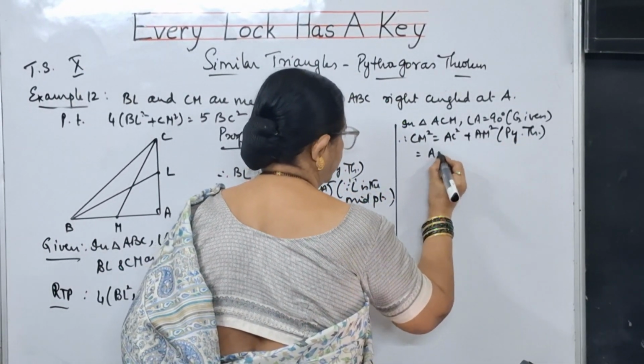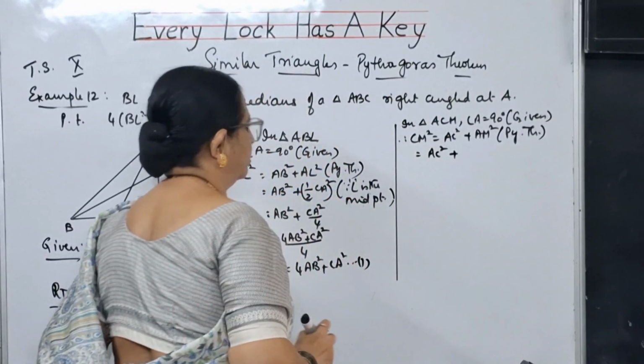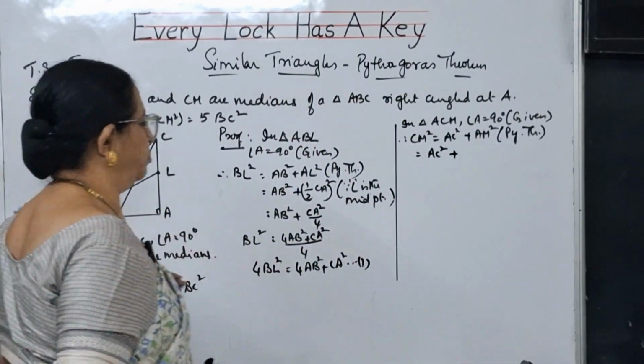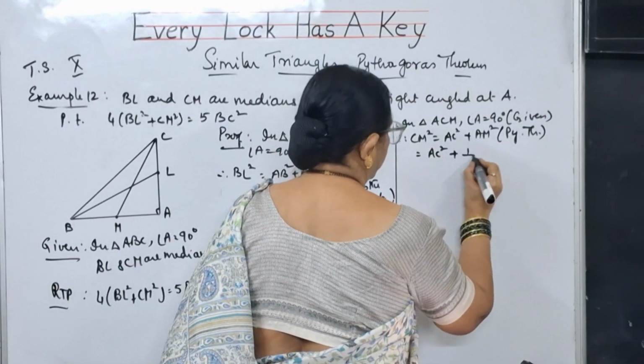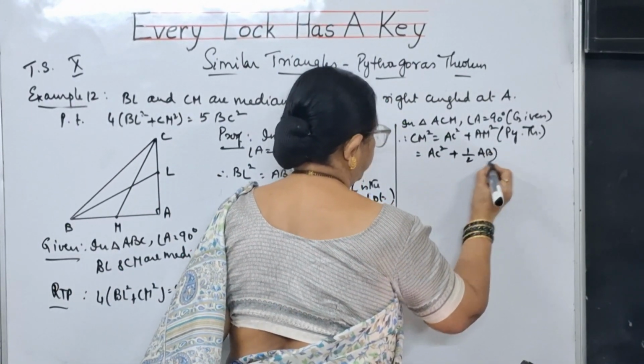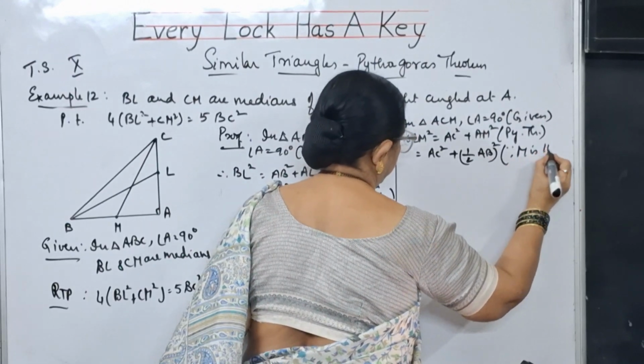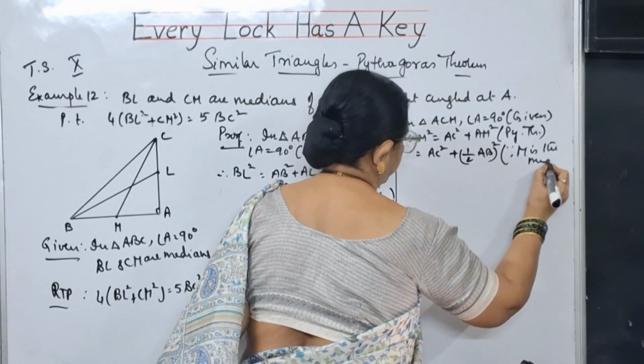That is equal to AC square plus, what is AM square? Half of AB whole square. Why? Because M is the midpoint.